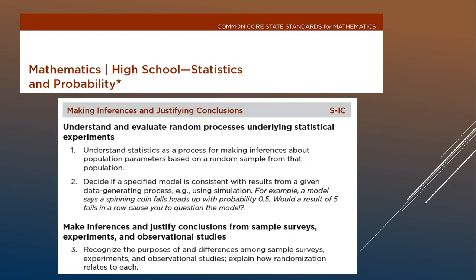For example, understanding statistics as a process based on a random sample. Recognize that there could be different answers based on the biases in the questions of the survey. So you can see that the ideas that are first introduced in 6th grade are continued and built upon all the way through high school.